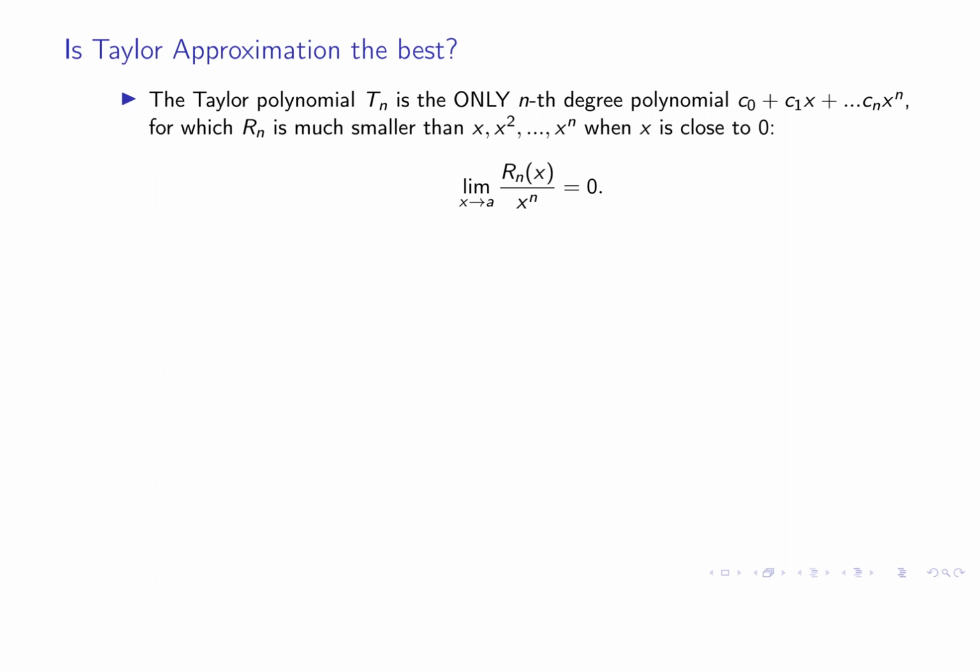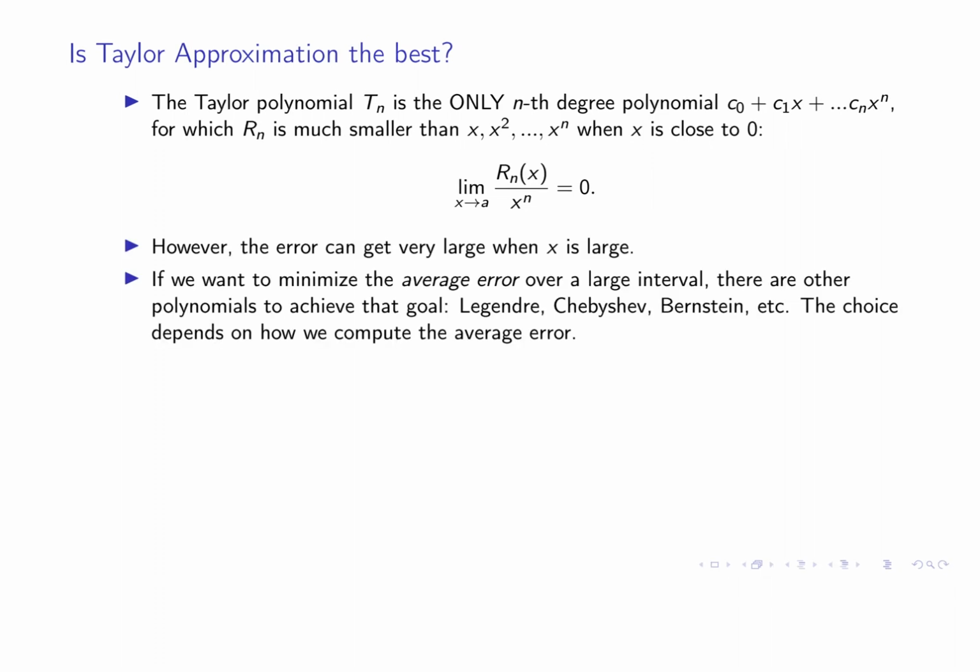For any other polynomial of degree n, other than the Taylor polynomial, this is not true. The size of the remainder will be greater than or comparable with x to the n. The problem with Taylor polynomial approximation is that it's usually valid only for x very close to 0. For large x, this approximation is no longer good.